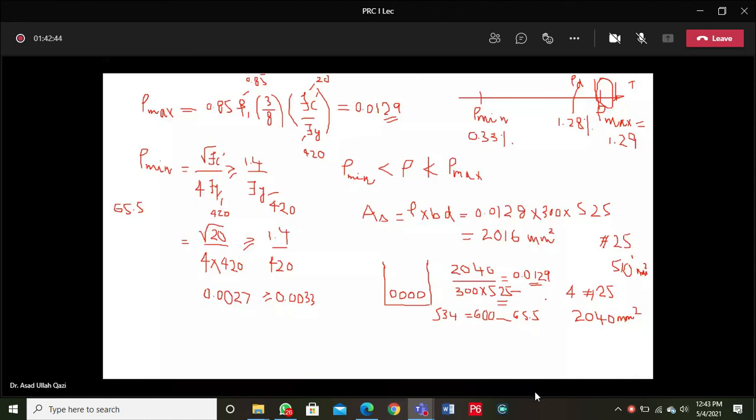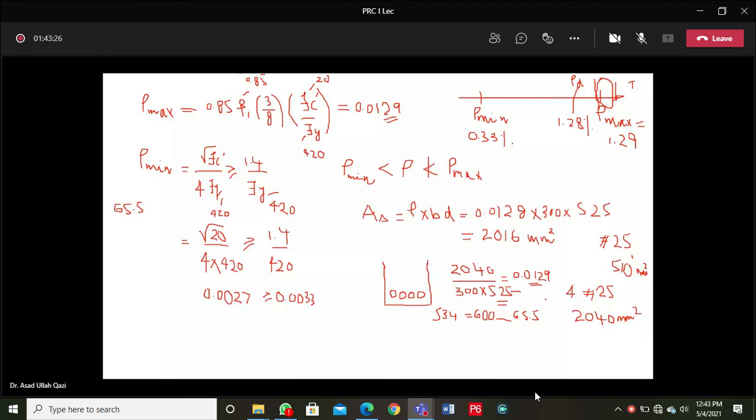If they are compromising on the covers, and if the cover provided is less, it is dangerous because it means your fire rating will be affected.